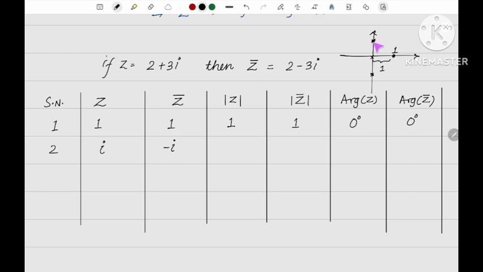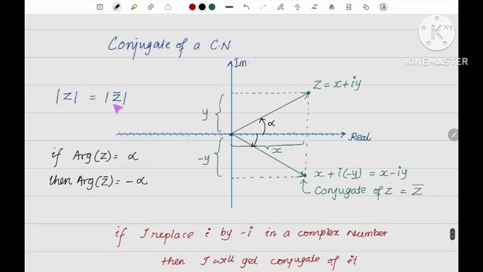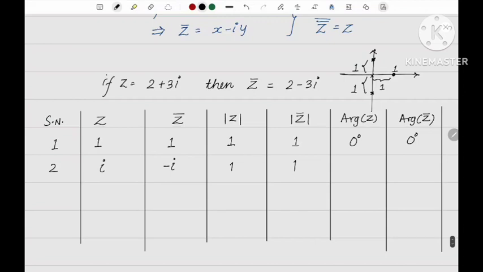What is the magnitude? That means the distance of this point from the origin. This will remain 1, and here also this will remain 1. So the magnitude is the same. As I have told you, the magnitude of z is the same as the magnitude of its conjugate.